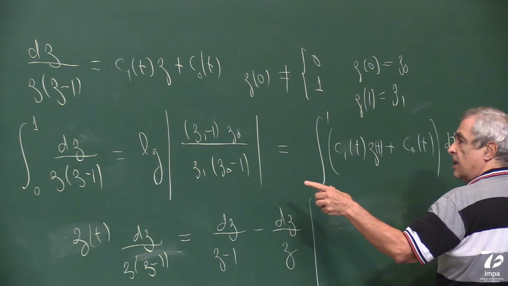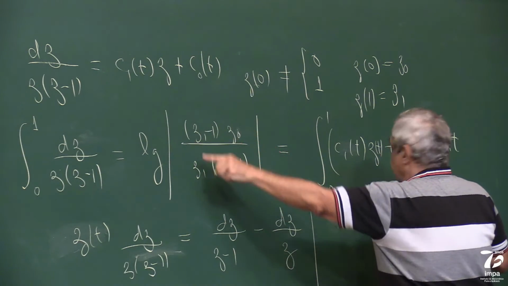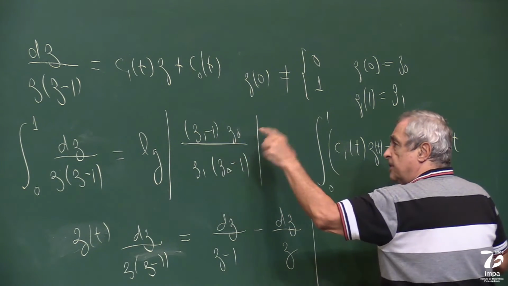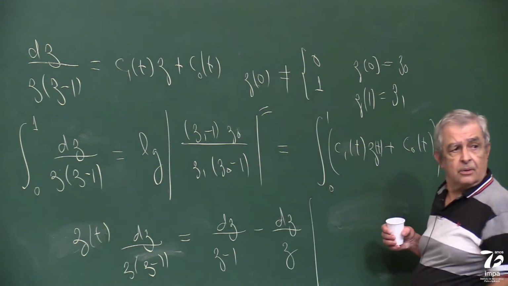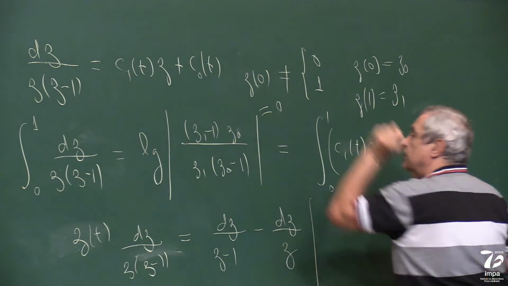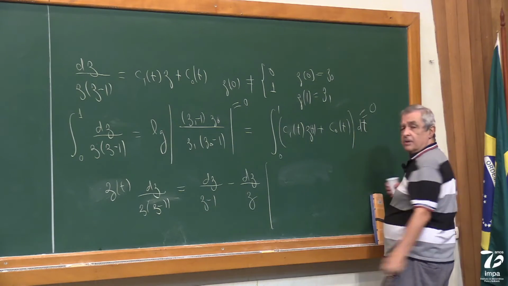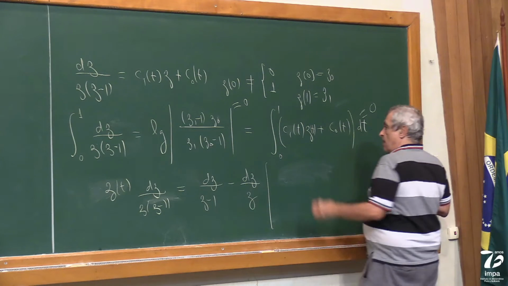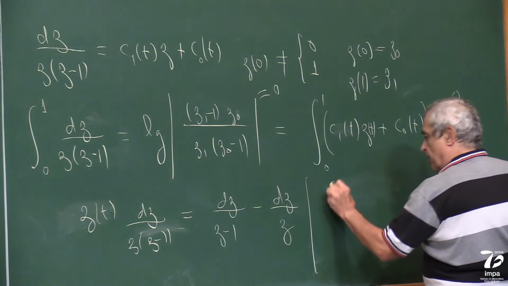If the orbit is closed, then this gives log of 1, which is 0, so this integral must be 0.